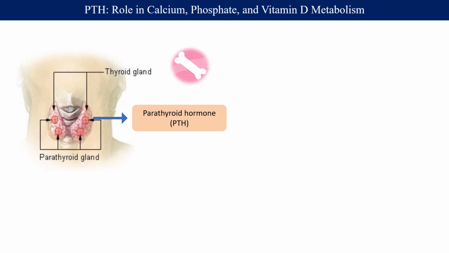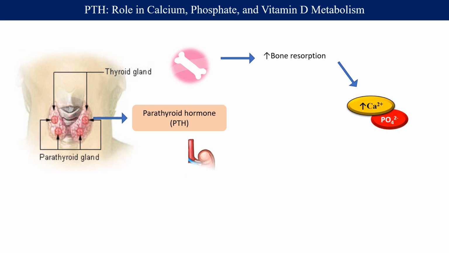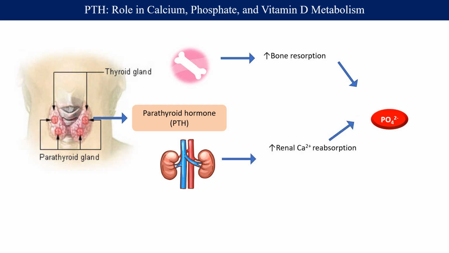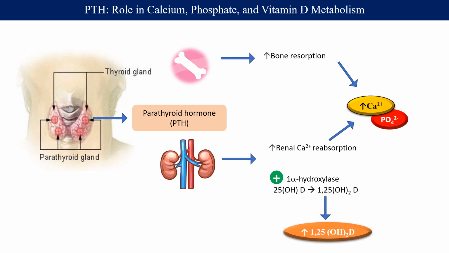PTH stimulates bone resorption, which increases both calcium and phosphate levels. PTH acts on the kidneys to increase renal calcium reabsorption to increase blood calcium level. PTH also activates the enzyme 1-alpha-hydroxylase in the kidneys to convert 25-vitamin D to its active form 1,25D, which then increases GI absorption of calcium to increase calcium level.